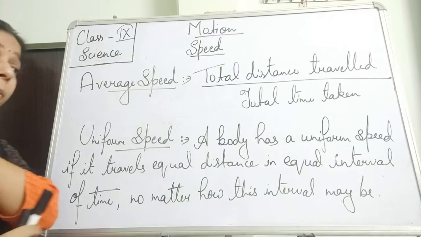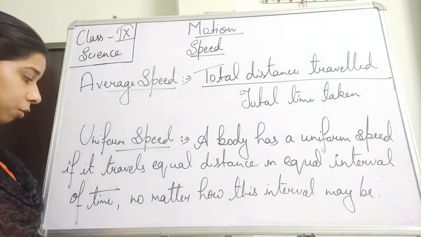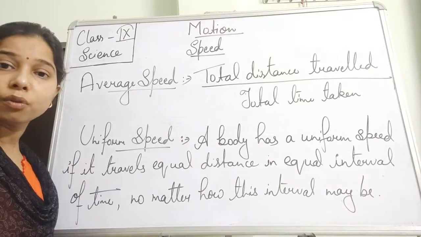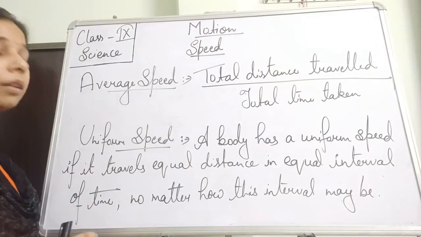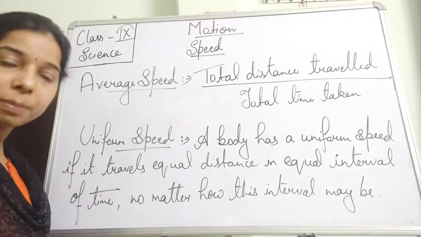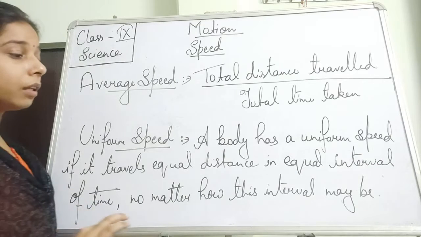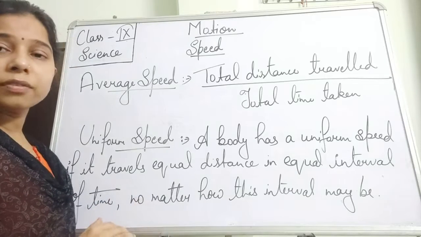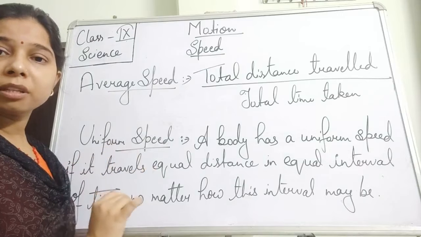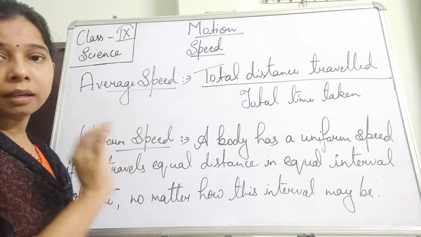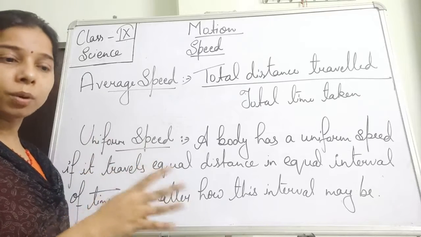So a body has a uniform speed if it travels equal distance in an equal interval of time. If suppose a car is moving at 60 km per hour, it means the car is moving 30 km in half an hour or 15 km in a quarter hour.